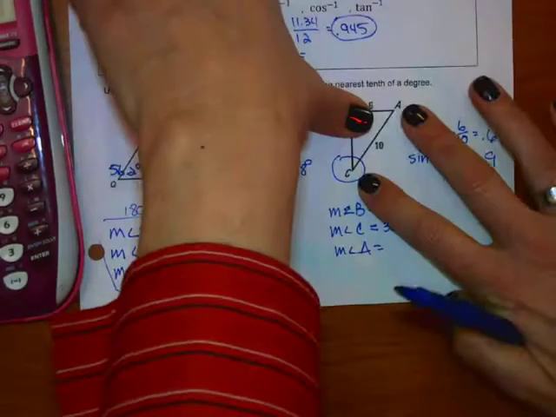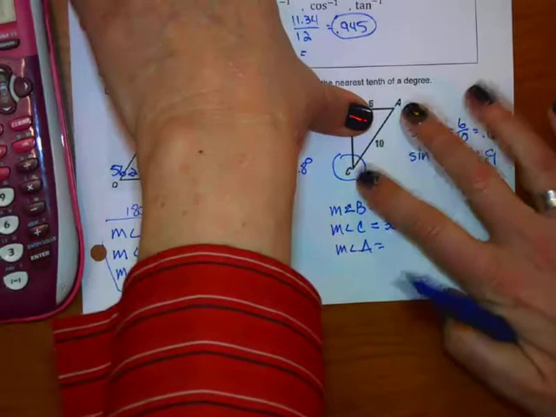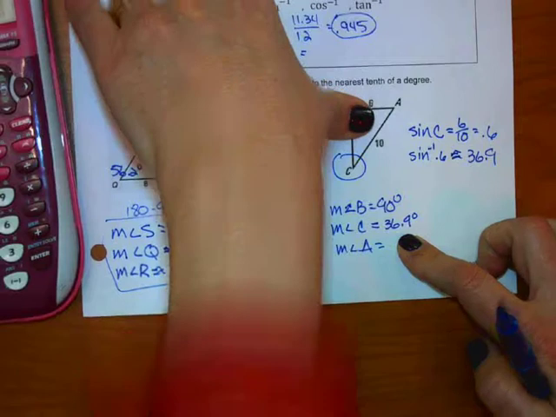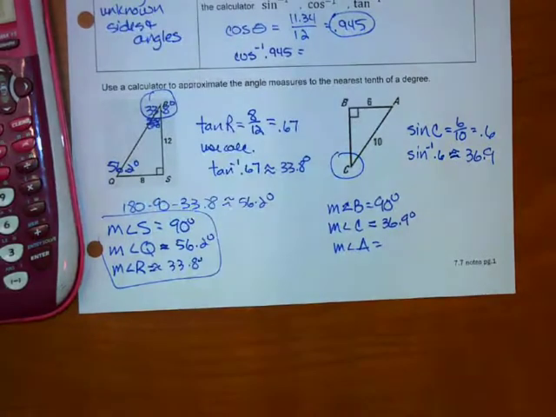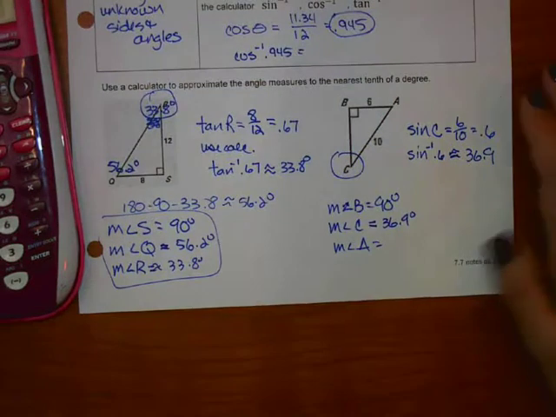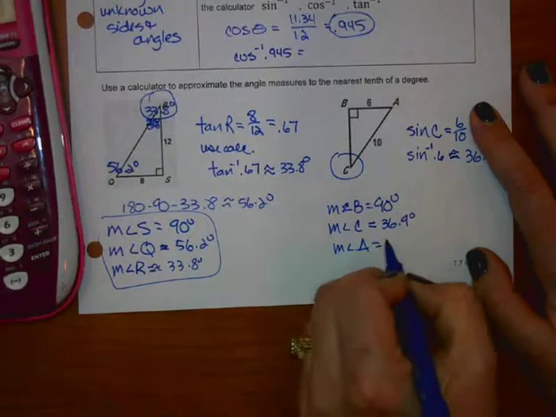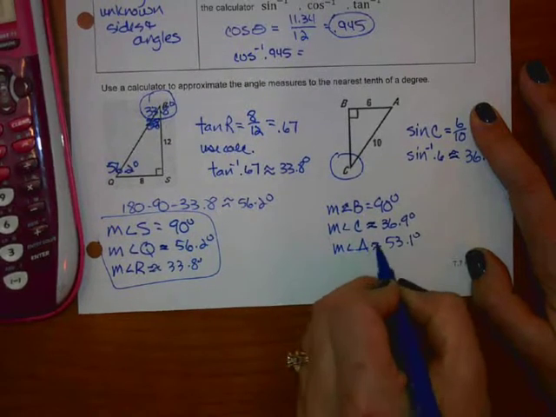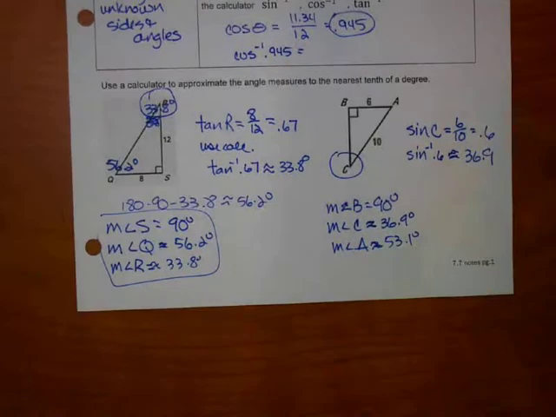So I can just do 90 minus 36.9. Or if you don't like that, just do 180 minus 90 minus 36.9. It's about 53.1 degrees. We should do squigglies, but I wouldn't mark you off if you didn't. Cool? We have not solved this right triangle yet, but we've done what they've asked us to do. So now let's go to the back side.